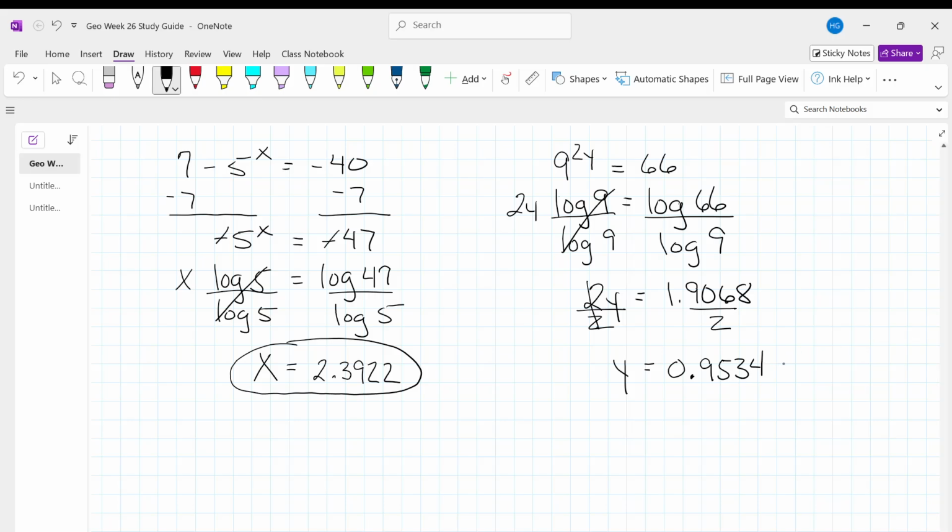For electronic assignment purposes, you would answer just .9534. Don't put the 0 in front. There's nothing to the left of the decimal other than a 0. Don't put anything there.